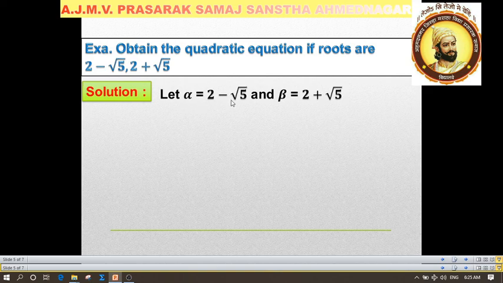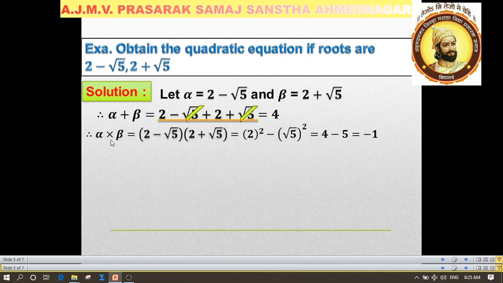So let alpha is equal to 2 minus root 5 and beta is equal to 2 plus root 5. Take first sum of roots, alpha plus beta is equal to 2 minus root 5 plus 2 plus root 5. Now plus root 5 minus root 5 is 0. We have 2 plus 2 is equal to 4. So sum of the roots is equal to 4.